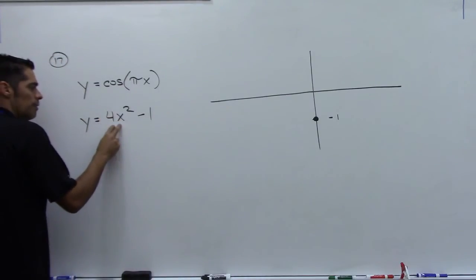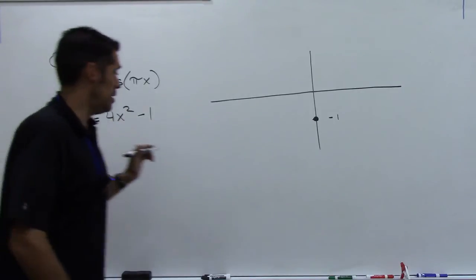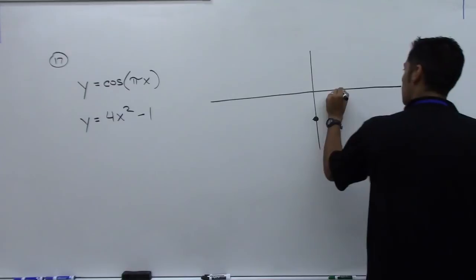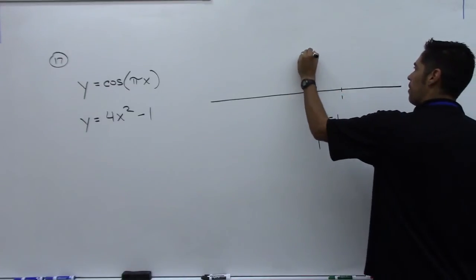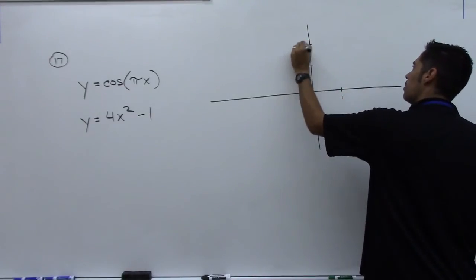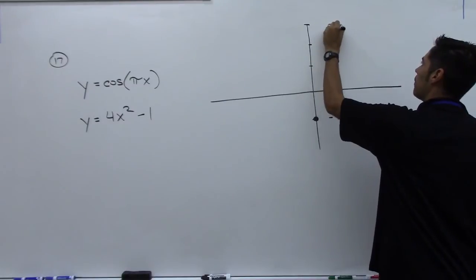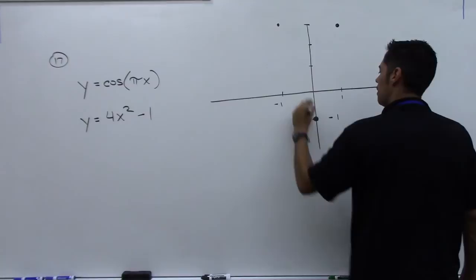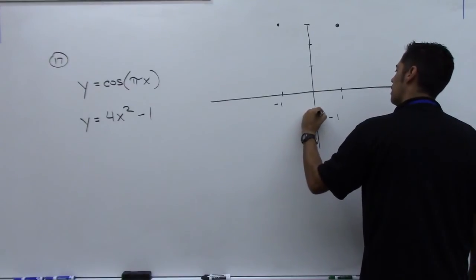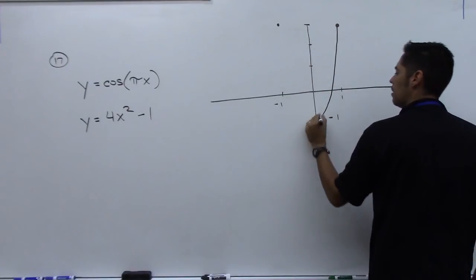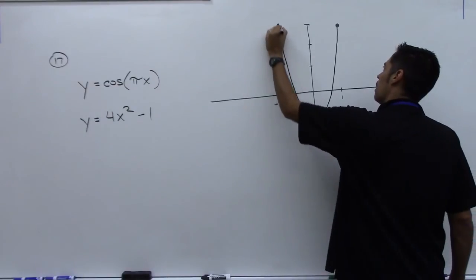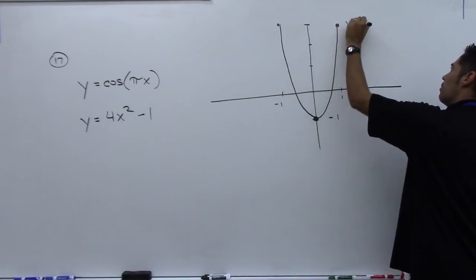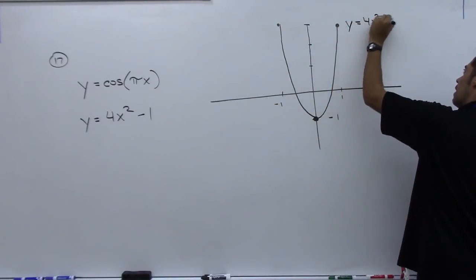If I plug in 1 for x, I'm going to get 3 for y. So at an x value of 1, I'm up here at 3 for y. 1, 2, 3. So I'm up there. If I plug in -1, the same thing happens. So I'm here. So I've got some parabola that does something like this. Okay, that's y equals 4x squared minus 1.